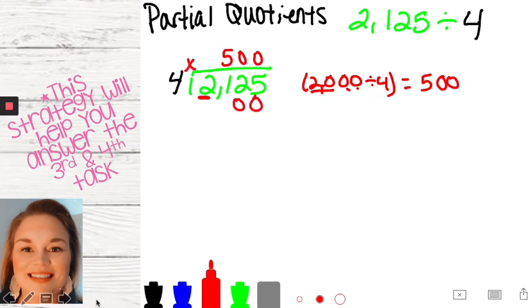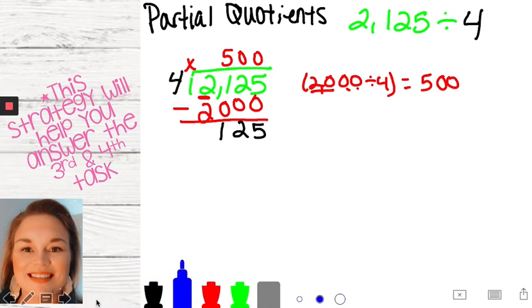I always bring my extra zeros from the partial quotients down first, because often if my product of my basic fact ends in a 0, sometimes that gets confusing of how many to actually add. For example, 5 times 4 is 20. So you need 3 zeros instead of 2. Now we'll subtract. 5 minus 0 is 5, 2 minus 0 is 2, and 1 minus 0 is 1.